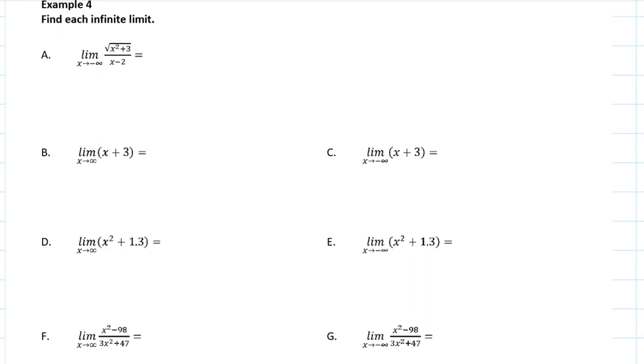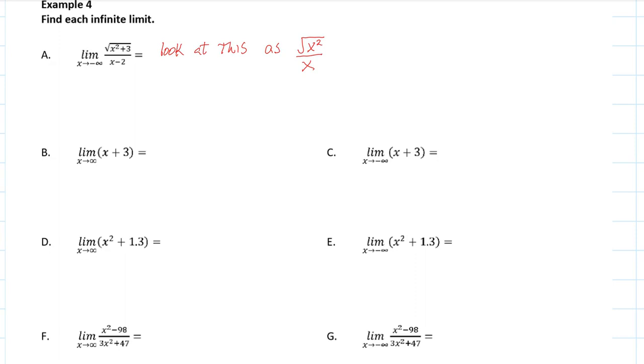I'm going to look at this as the square root of x squared over x. Those are my lead terms. We don't care about plus 3. We don't care about minus 2, because as x gets bigger or smaller, the plus 3 and the minus 2 don't make a difference.